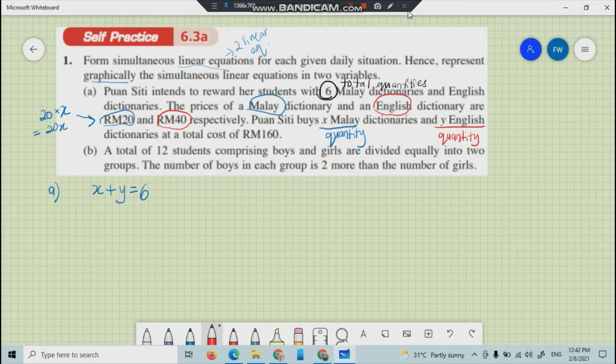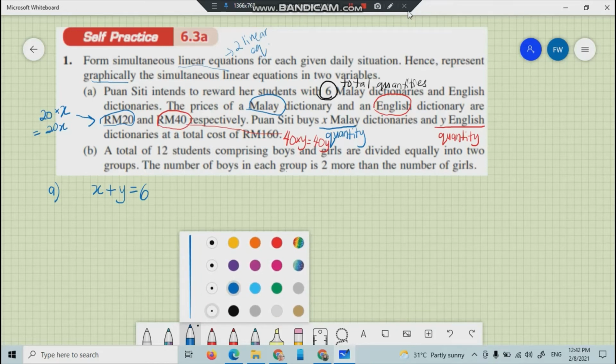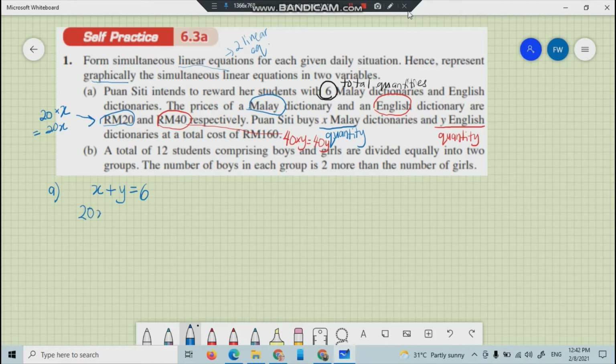We do the same for English dictionaries, where we have RM40 for English and the quantity is y, so we multiply 40 by y. We have 40y, the total price for English dictionaries. So we can write down our second linear equation: 20x plus 40y equals the total price for both dictionaries given here, 160.